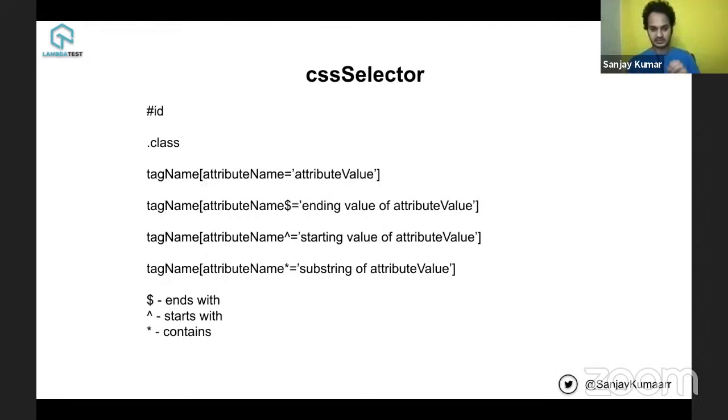Then there is a dollar function, which you might not have heard about. If you want to write the CSS selector by the ending value of an attribute value, you can use dollar. Caret is there, star is there. So yes, there are n number of XPath functions and CSS selector functions.